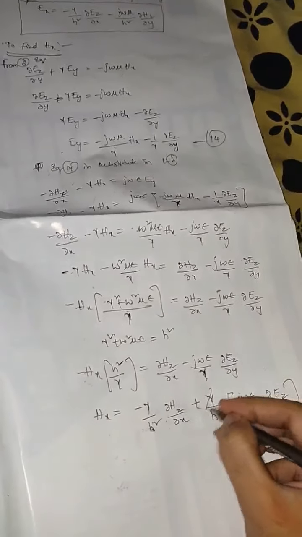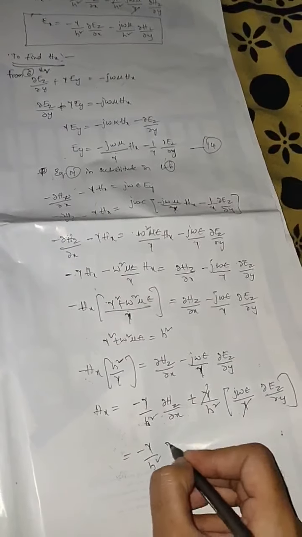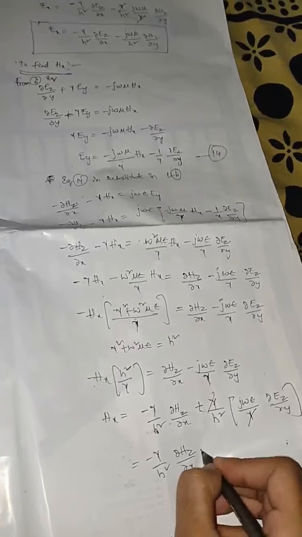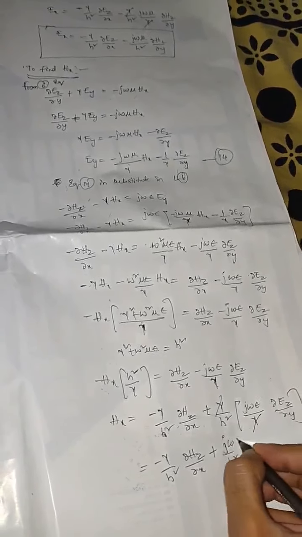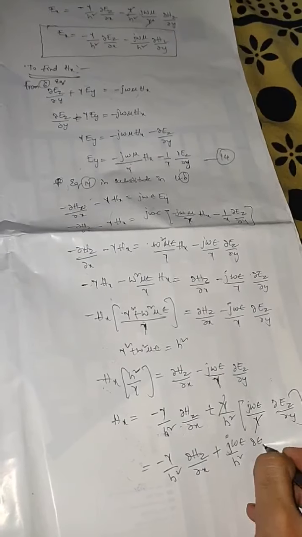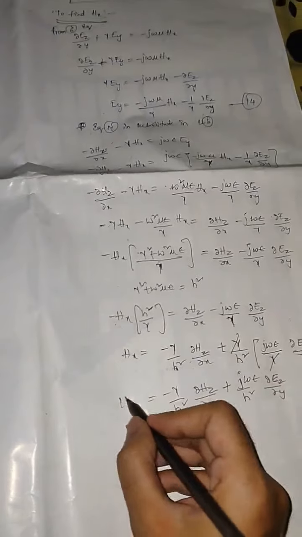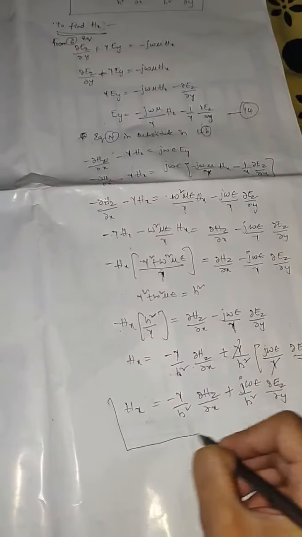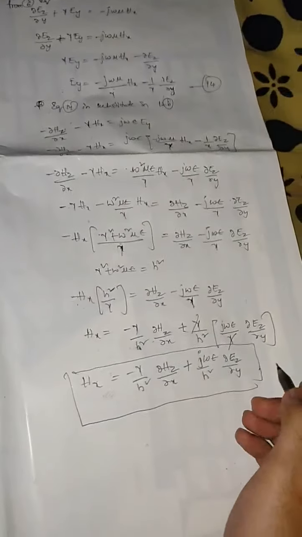So here γ and γ get cancelled. So the obtained equation is γ/h² ∂Hz/∂x plus 1/h², which is nothing but jωε ∂Ez/∂y. So this is the Hx value obtained. So this is the final answer for Hx.